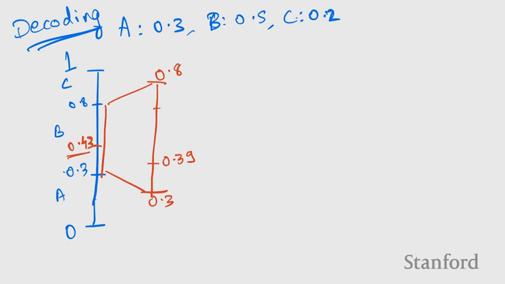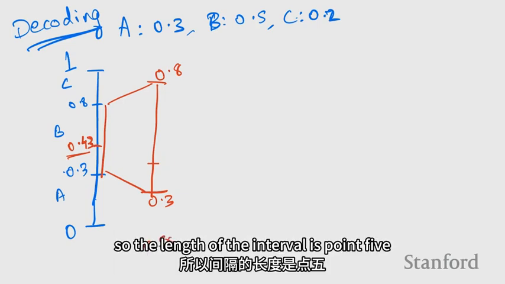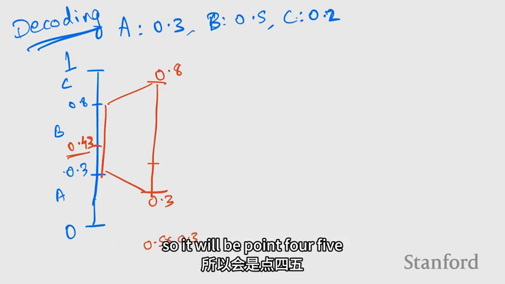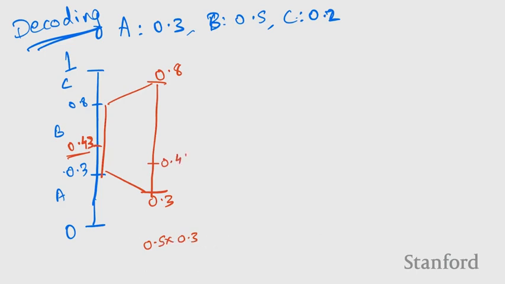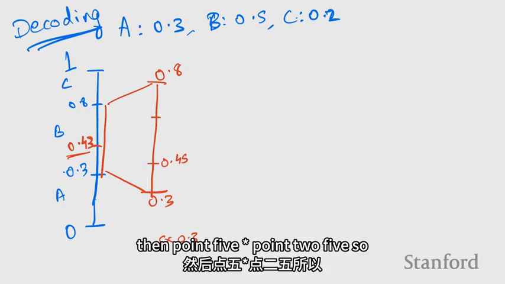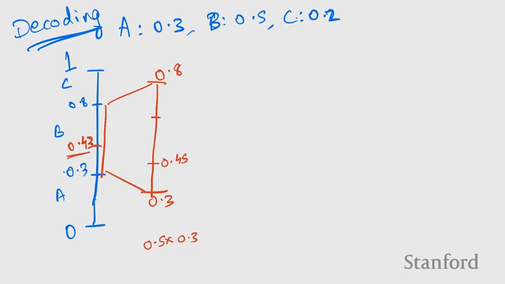No. Let's do it carefully. So the length of the interval is 0.5 multiplied by probability 0.3. So it will be 0.45. Then 0.5 times 0.25, so 0.7.